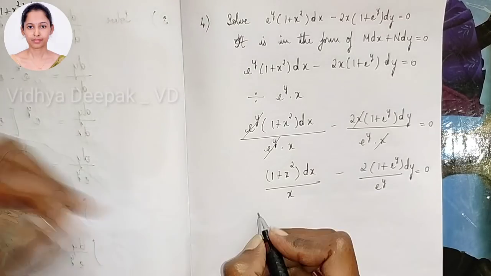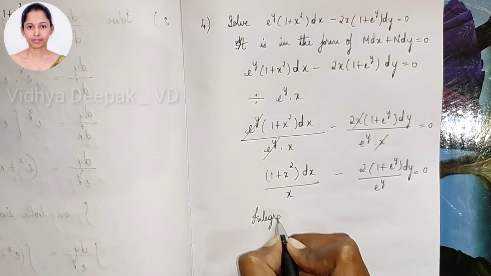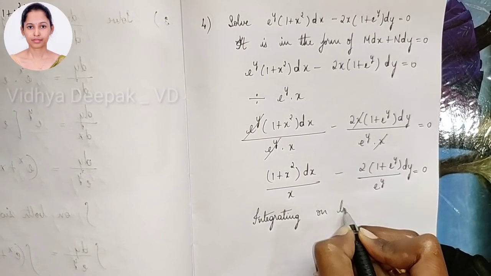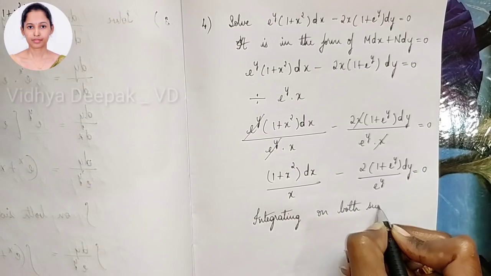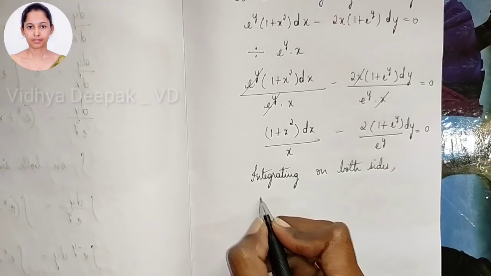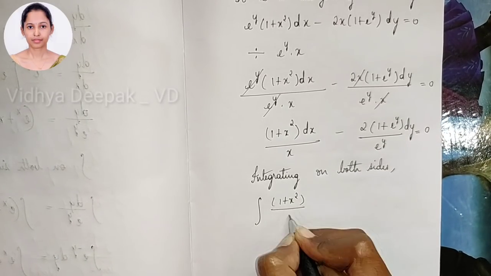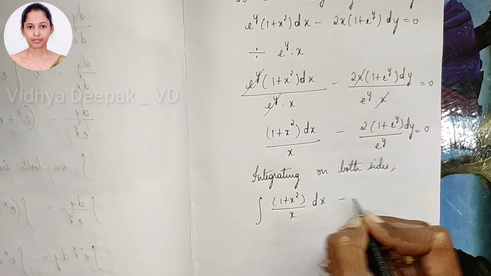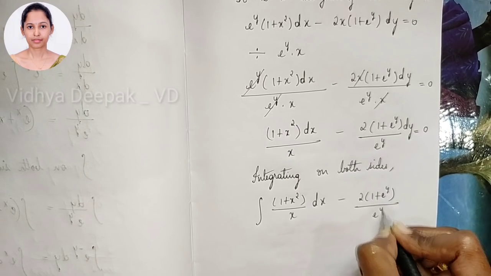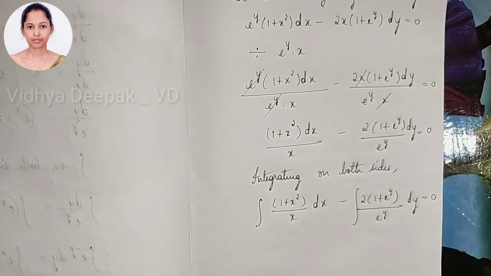So now integrating on both sides. What do you get? We will have integration of 1 plus x square divided by x into dx minus 2 into 1 plus e power y divided by e power y into dy is equal to 0.